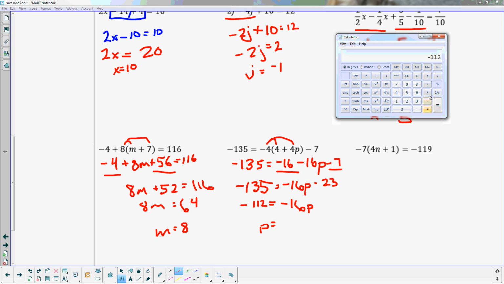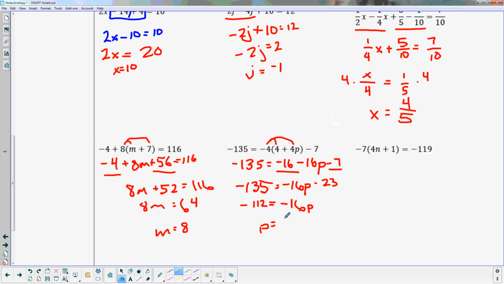So I'll go ahead and divide that. And divide it by 16, negative 16. And I get 7. Go ahead and pause the video and do the next problem. Alright, so getting that done, you should have distributed first, got negative 28n minus 7. Add 7 to both sides, divide by negative 28, and get n equals 4.